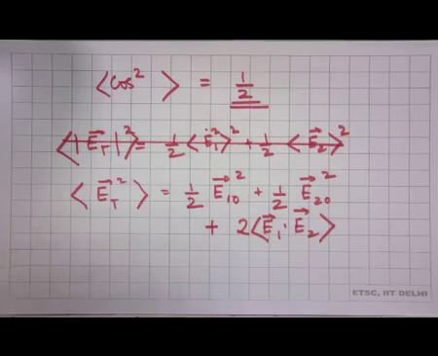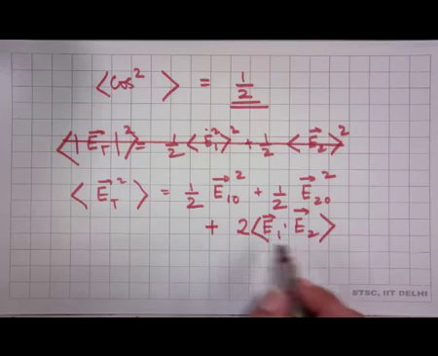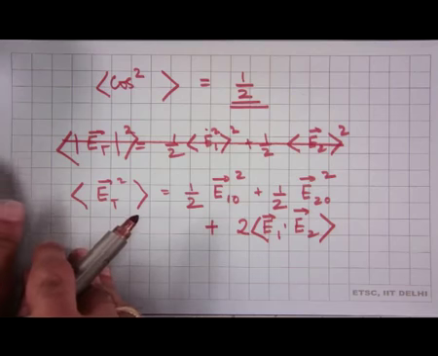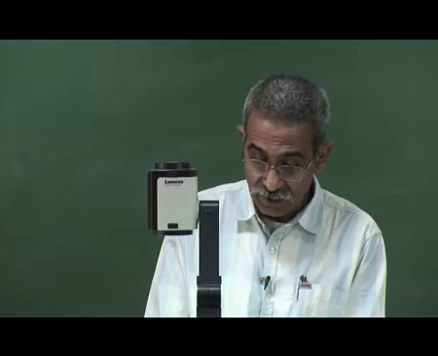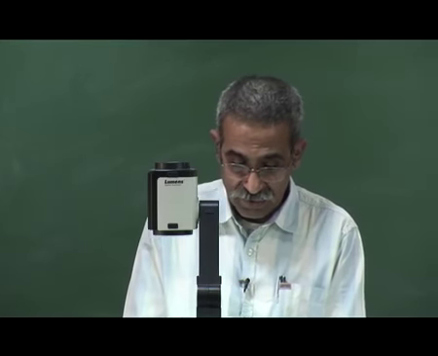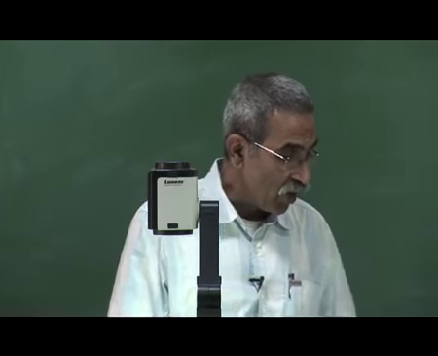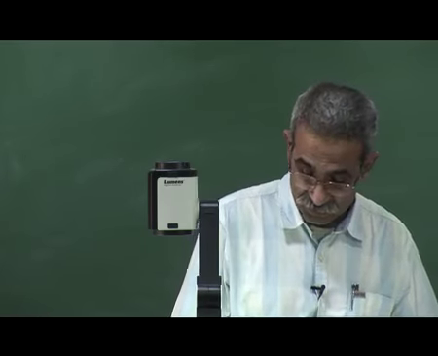Therefore, my task is to evaluate the time average of E1 dot E2, and we already have this expression. We are almost home. All that we need to do is to do a little bit of trigonometric exercise.